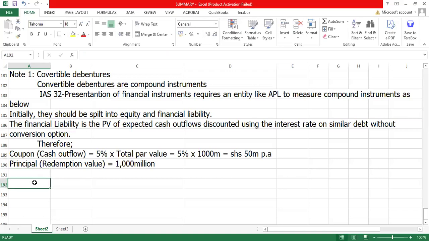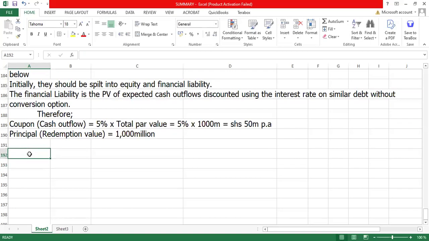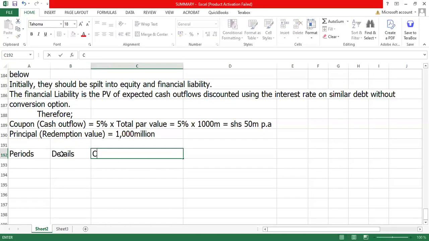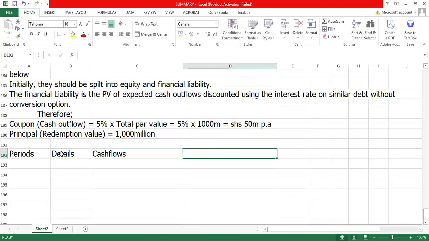Okay, so here you discount, you put here your periods, then your details, then your cash flows. Then the discount factor, you discount using what? Using the interest rate on the similar debt without conversion.